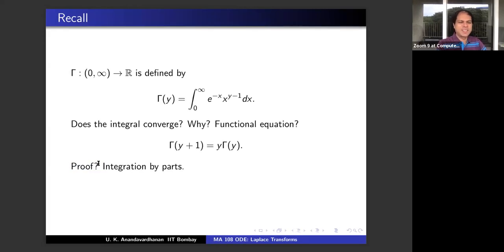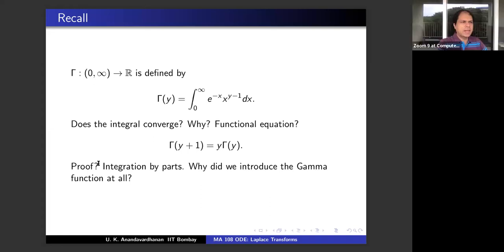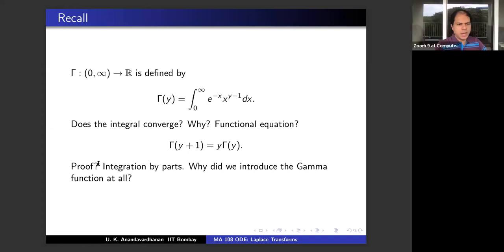Okay, I have written it here: integration by parts. And why did we introduce this? There are two reasons. One, because it comes up in the Laplace transform. Yes, that is the real reason for this course: t power p is a very natural function, the power function, and in its Laplace transform the gamma function came, so we had to introduce it.